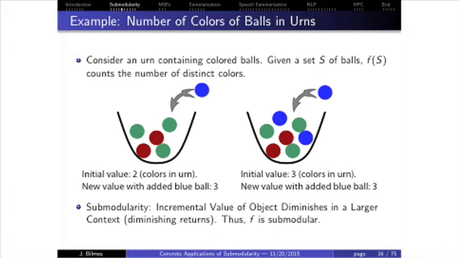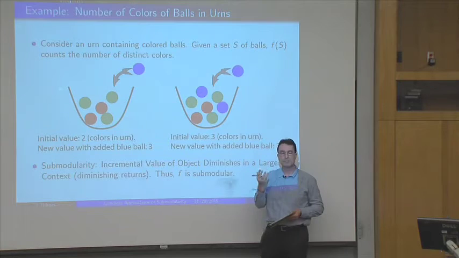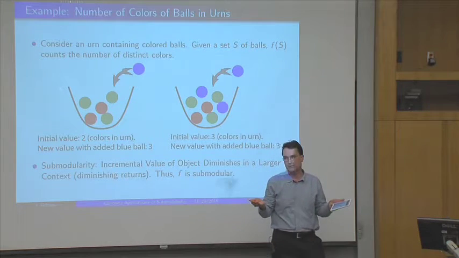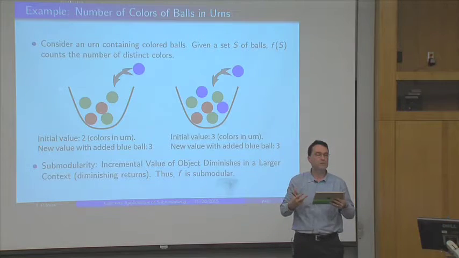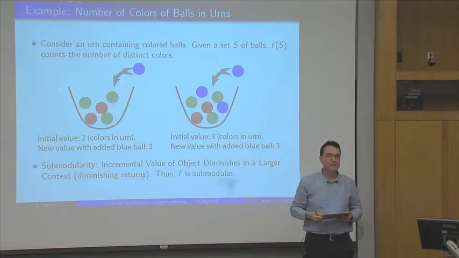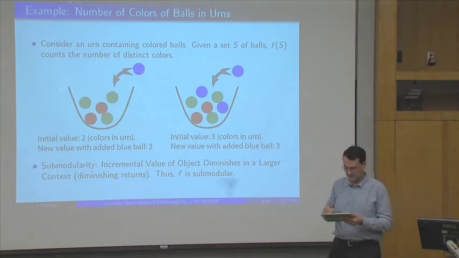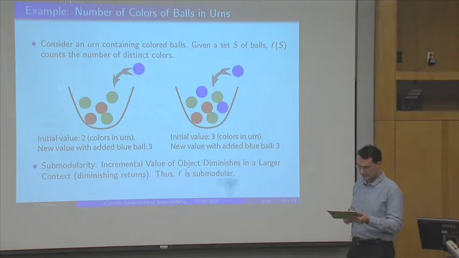If you throw in an additional blue ball, in fact, no matter how many additional blue, red, or green balls, or colors already present in the urn, you're not going to increase the value at all. So this is a submodular function. The number of colors, and submodularity, as I will argue in a second, are therefore great models for diversity in finite data sets or over sets of objects.